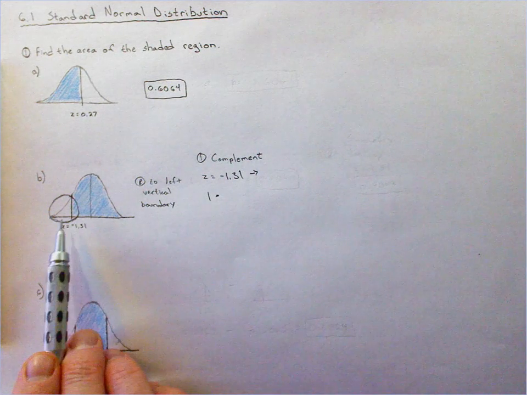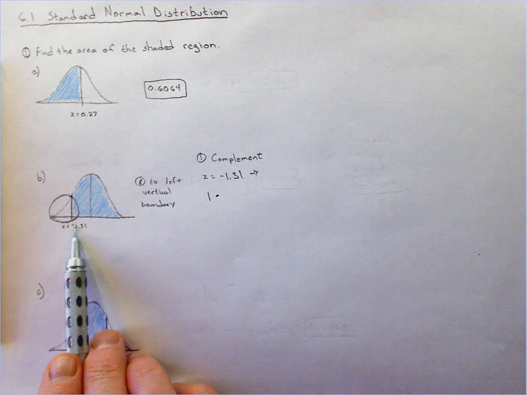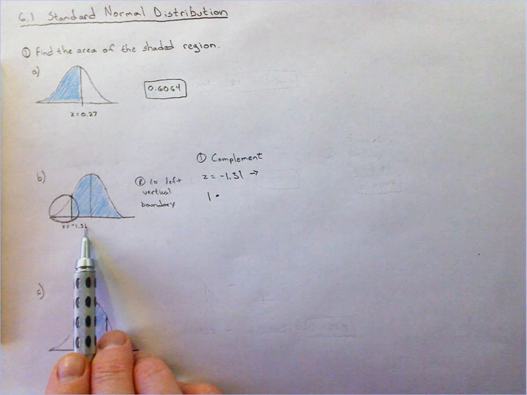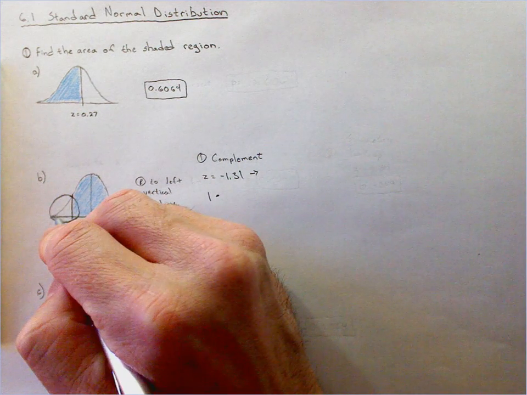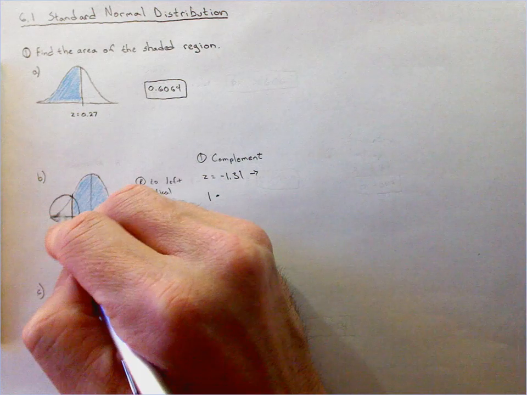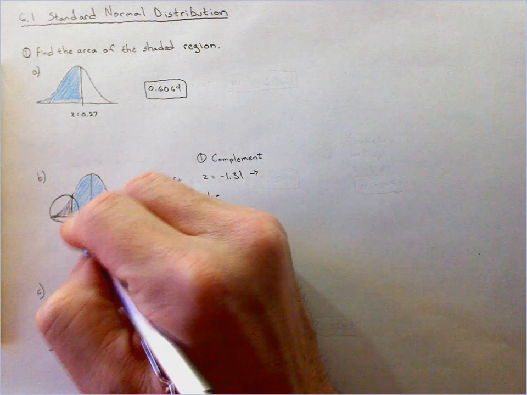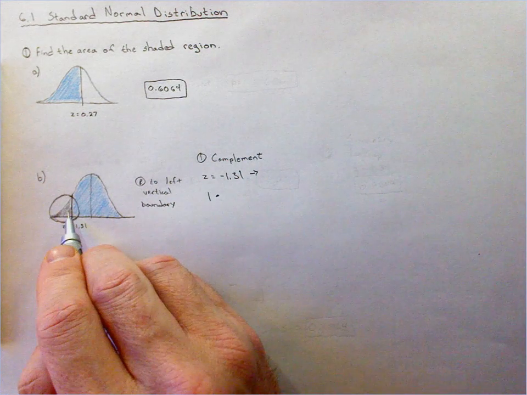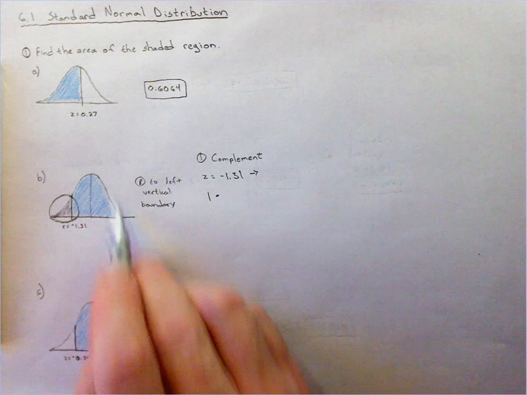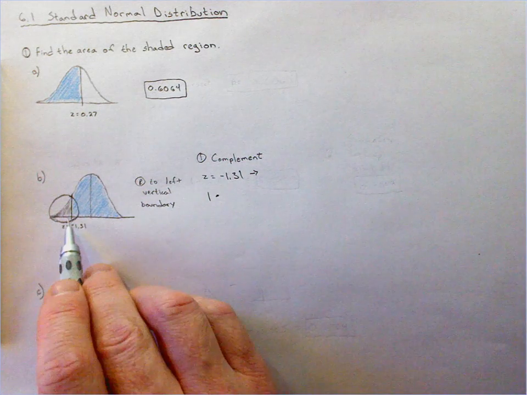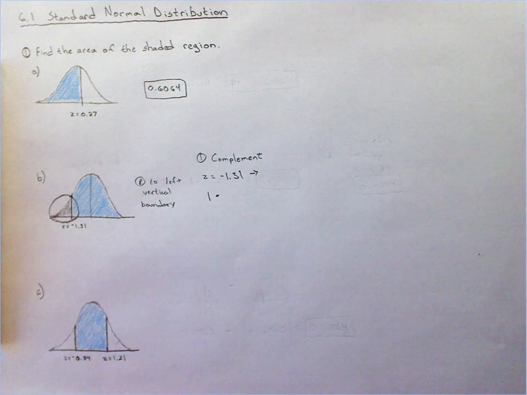Whenever I look up the z-score of negative 1.31, I am reading from left to right. This is the area that I'm actually going to find, what I'm shading in right now. But I can subtract it from 1. Since the total area under there is 1, I can subtract this from 1 and it'll give me what's shaded in blue.